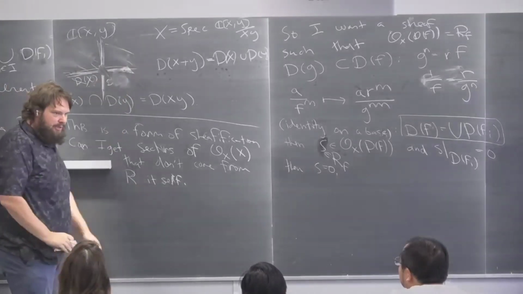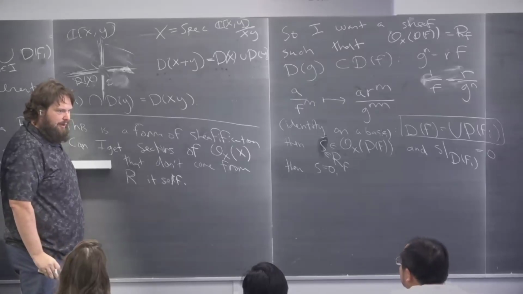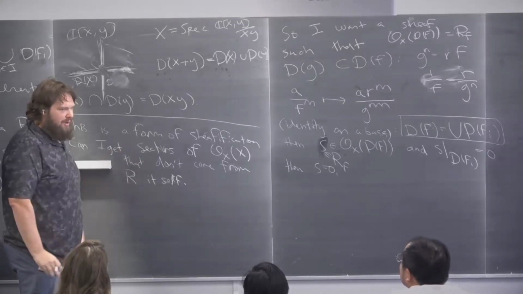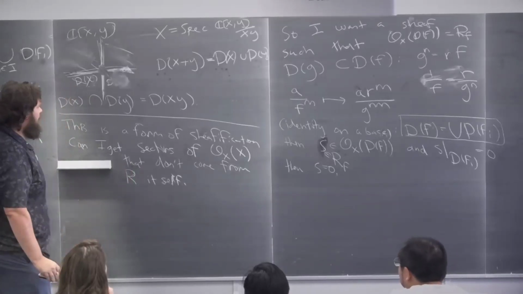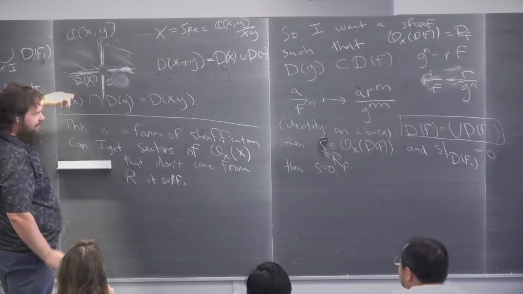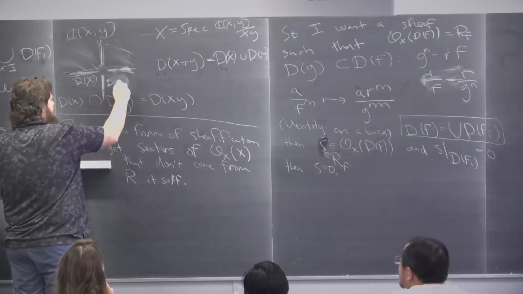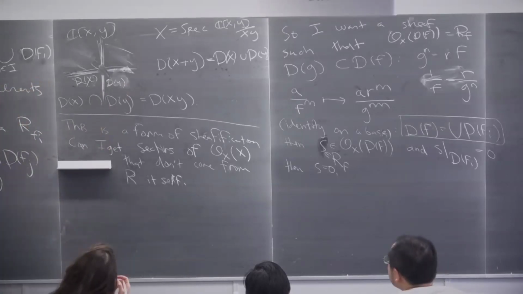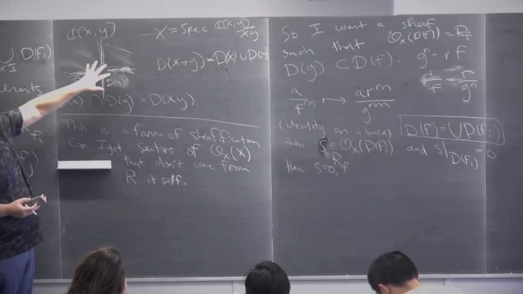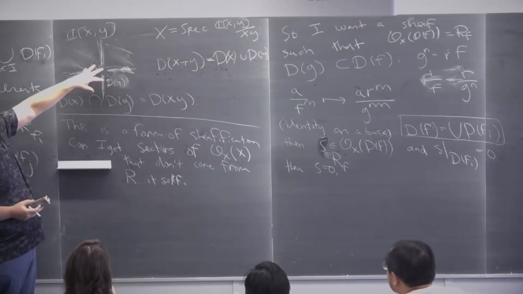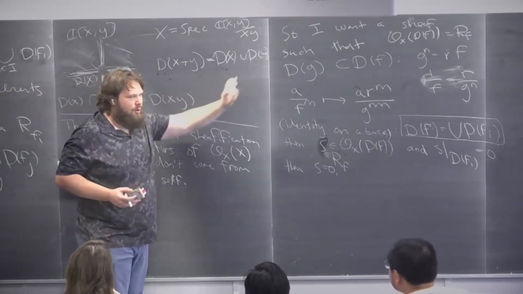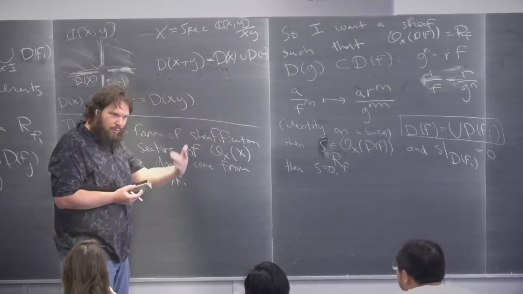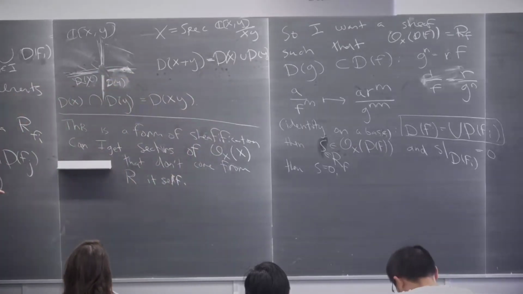This is D of X plus Y. If one of X and Y is 0, and X plus Y is 0, that means X and Y are both 0. And D of X is this stuff, D of Y is this stuff. So this is the first example you should worry about of this kind of thing happening. There's something non-trivial to check, that I can't be zero on both of these open sets. I can be zero on one of them, that's fine, but I can't be zero on both of them.